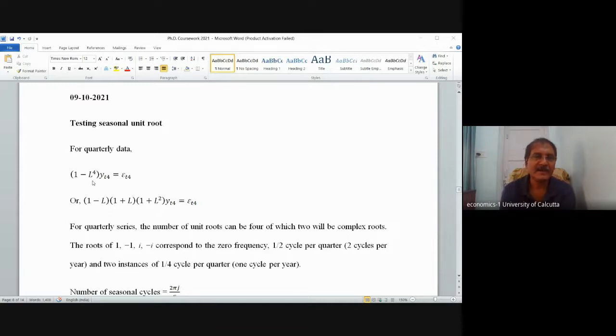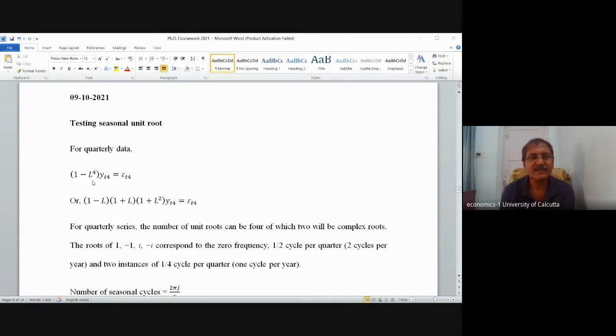So in quarterly time series, there is a possibility of the presence of 4 unit roots, because you can get 4 different values for L if you solve the inverse characteristic function by setting 1 minus L into 1 plus L into 1 plus L square equal to 0.